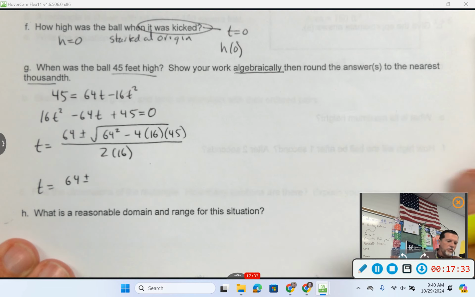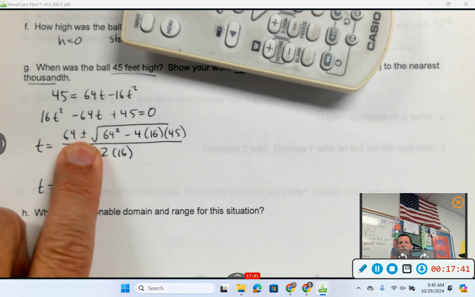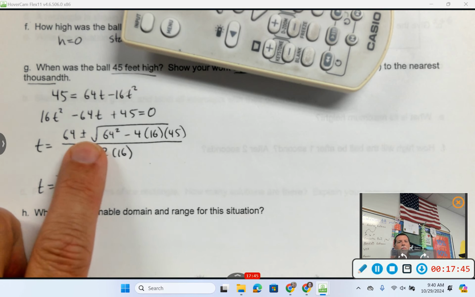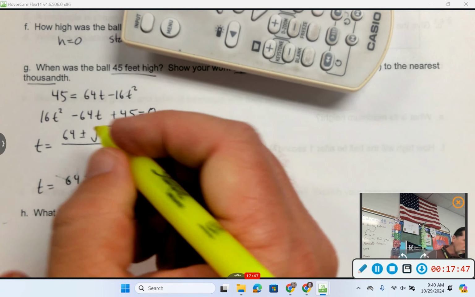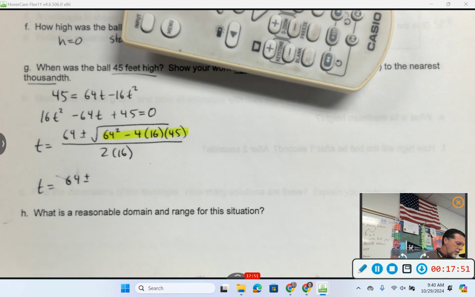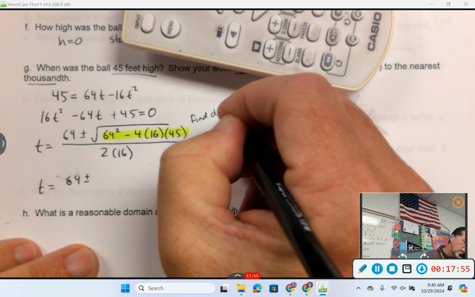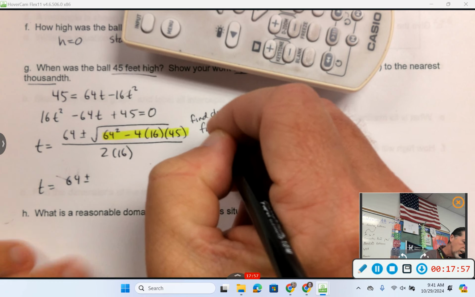Rather than jamming that thing into the calculator all at once, which might or might not work, especially since there's no plus or minus button. People always want to look for that. You have to do them separately. But before we do that, let's find the discriminant first.